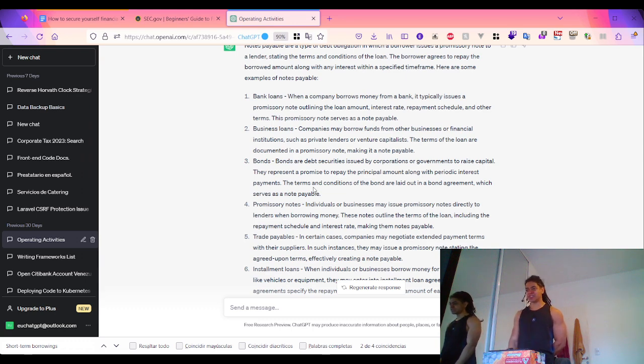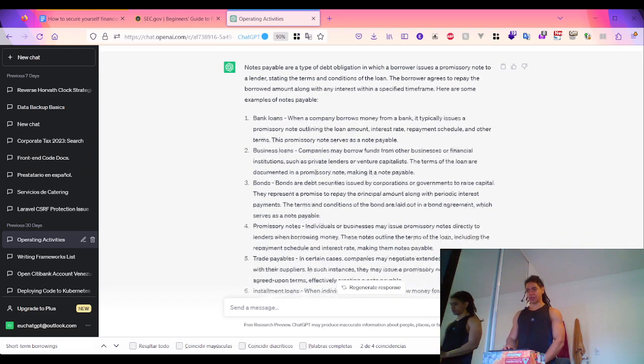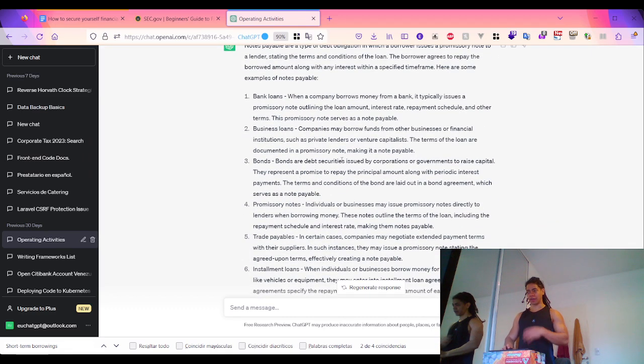And then you have the business loans. A company may borrow funds from other businesses or financial institutions, such as a private lender or venture capitalist. Bonds are debt securities issued by corporations or governments to raise capital.